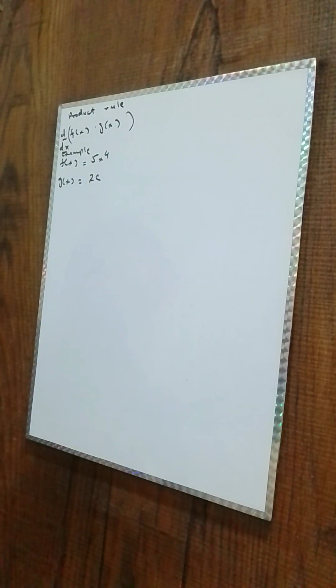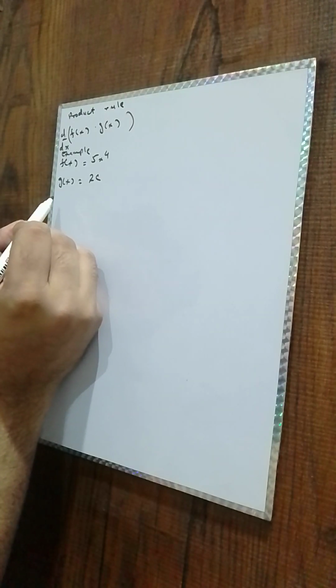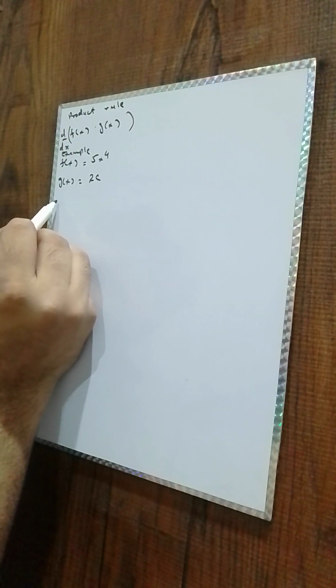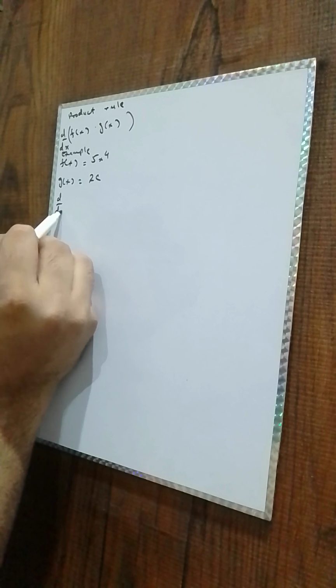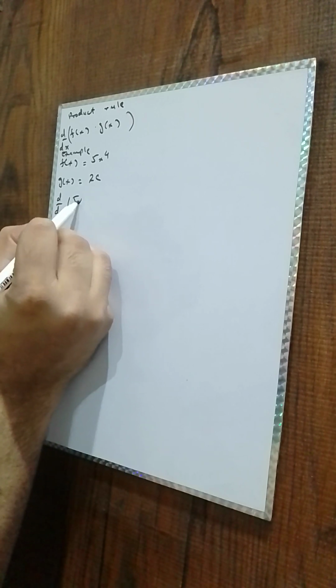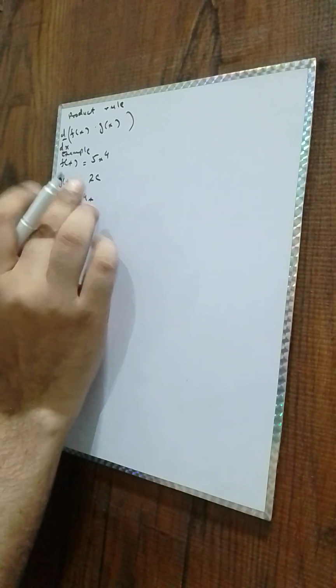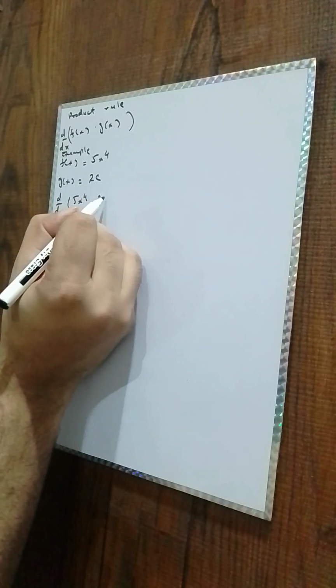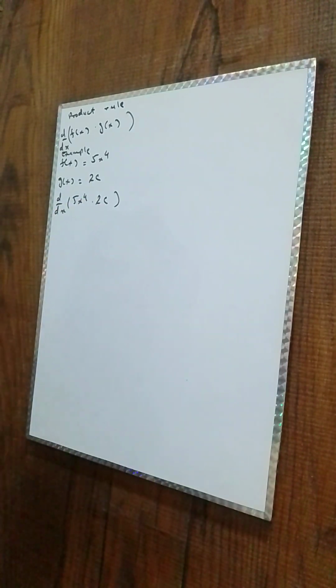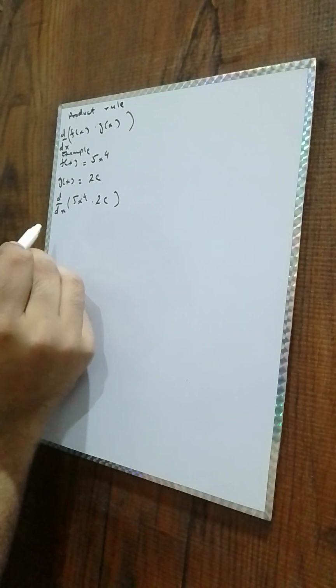So we write it properly: d by dx of 5x^4 dot 2c. Now we can either multiply the numbers and simply go for the derivative, keeping the constants outside the derivative, which is how we do it.